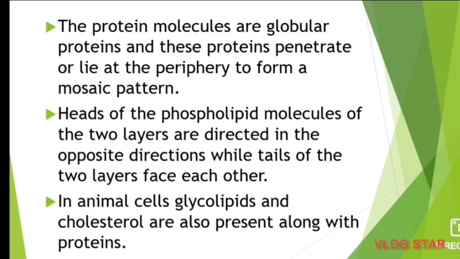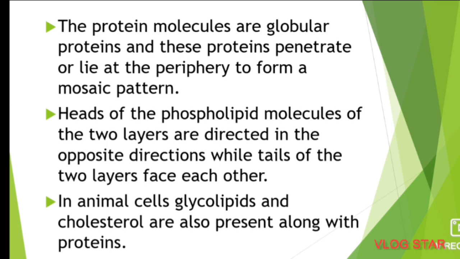The protein molecules are globular proteins, and these proteins penetrate or lie at the periphery to form a mosaic pattern. Heads of the phospholipid molecules of the two layers are directed in opposite directions, while tails of the two layers face each other.